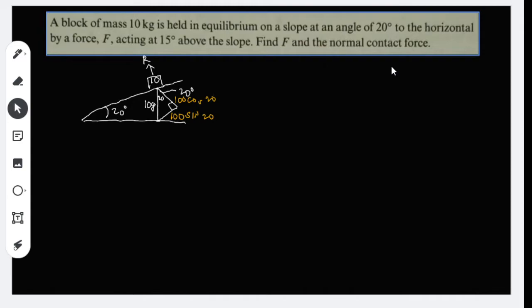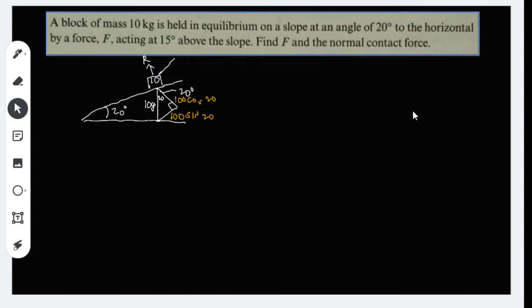Now, let's continue the diagram. It says that there's a force F acting 15 degrees above the slope. So from the block, there is another force going in this direction, and of course it is at a 15-degree angle.